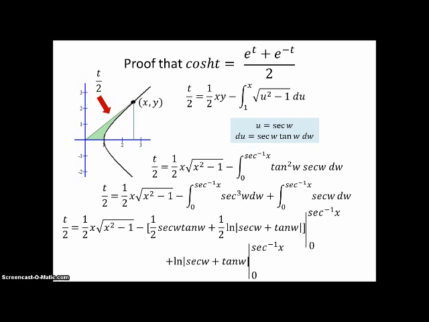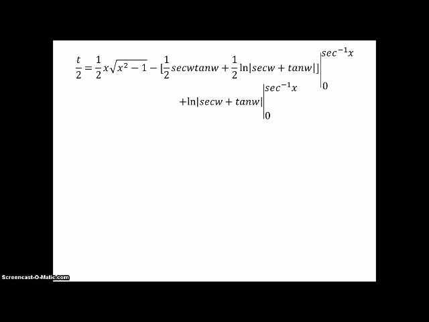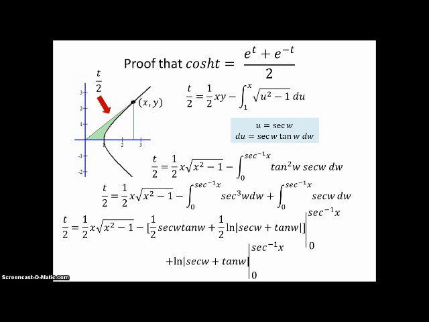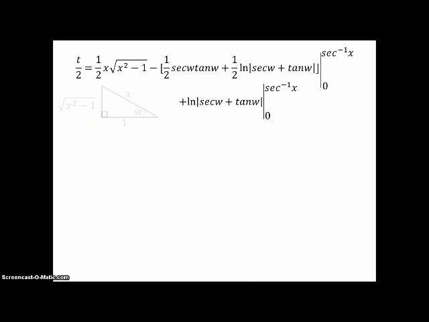Now notice we have the log of secant w plus tangent w twice, so I'm going to combine those. And at the same time, take a look at the triangle. We said that u was a secant of w.